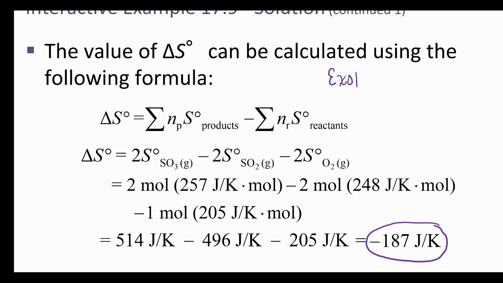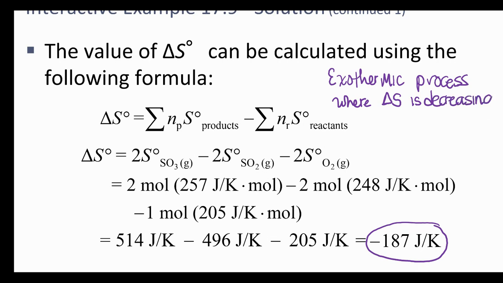Okay, so really what we have here is an exothermic process where the entropy is decreasing. And if we look at the big picture, the enthalpy wants to make this spontaneous.